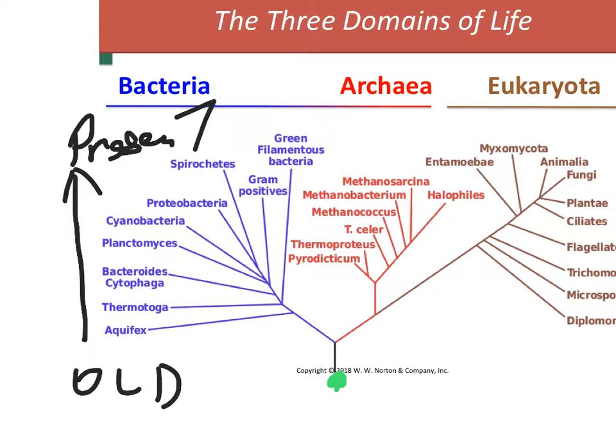And then eventually things split. And you had one group that went this way, and that's bacteria. And then there was this other group that went this way. And then this other group split again later in time.